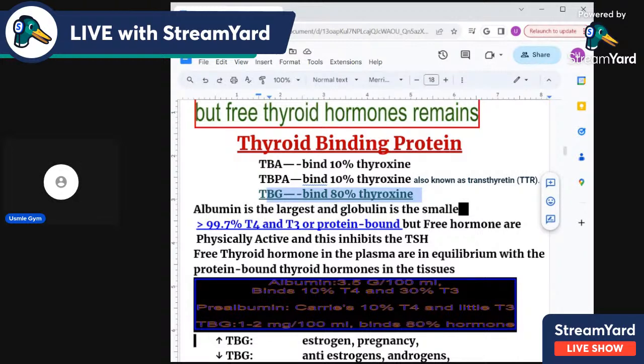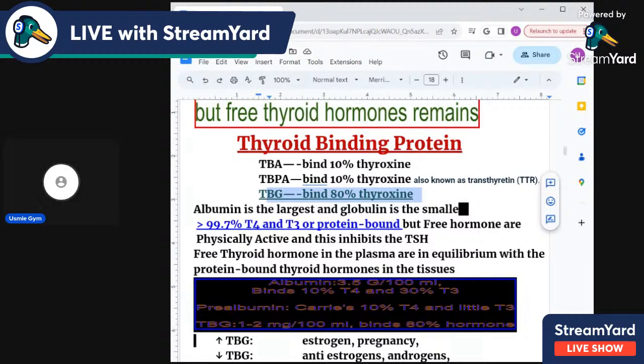So the main one is thyroid binding globulin. Albumin, as you know, is the largest, and globulin is the smallest. Albumin level is 3.5 gram per 100 ml, and globulin level is 3.5 milligram per 100 ml.